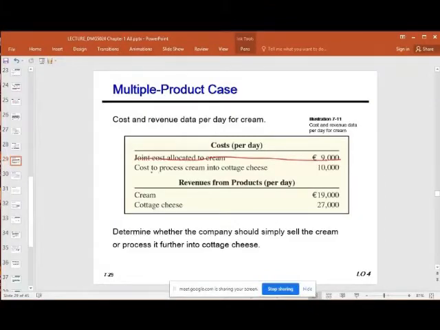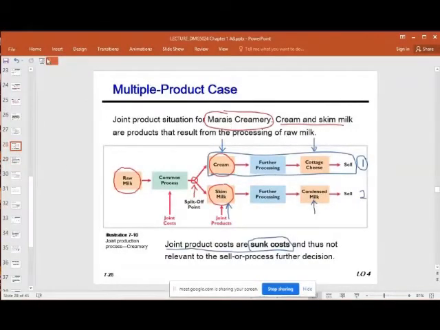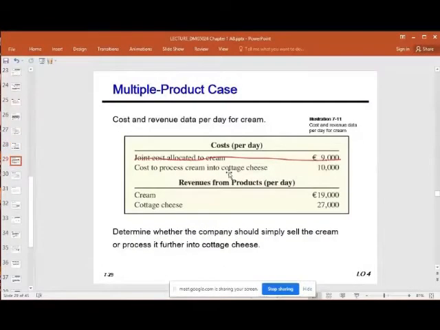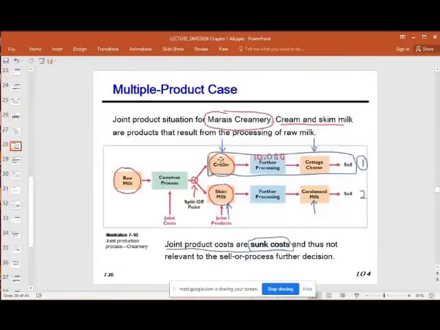The cost to process cream into cheese is 10,000. Where does this 10,000 come from? I go back to the diagram. It is here, process further: this is 10,000. The revenue per day for cream is 19,000, which means here you are selling at 19,000.